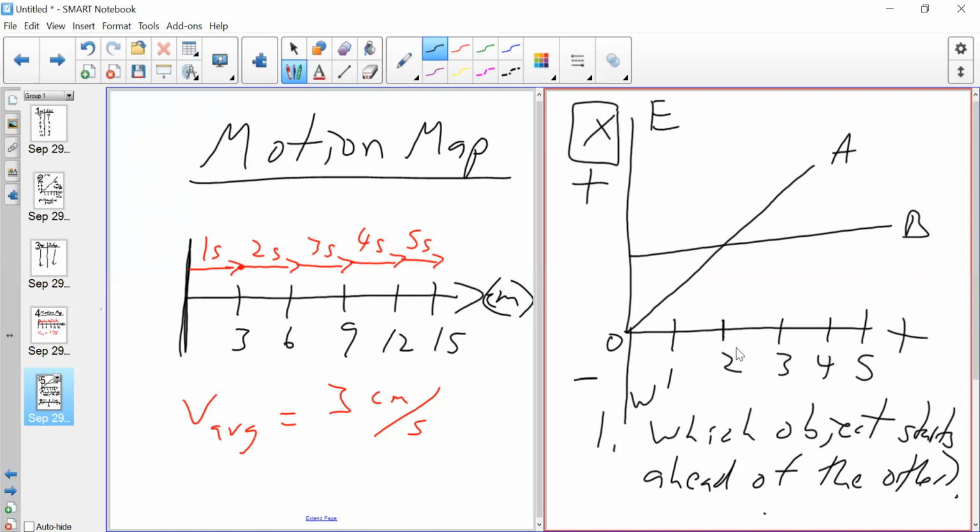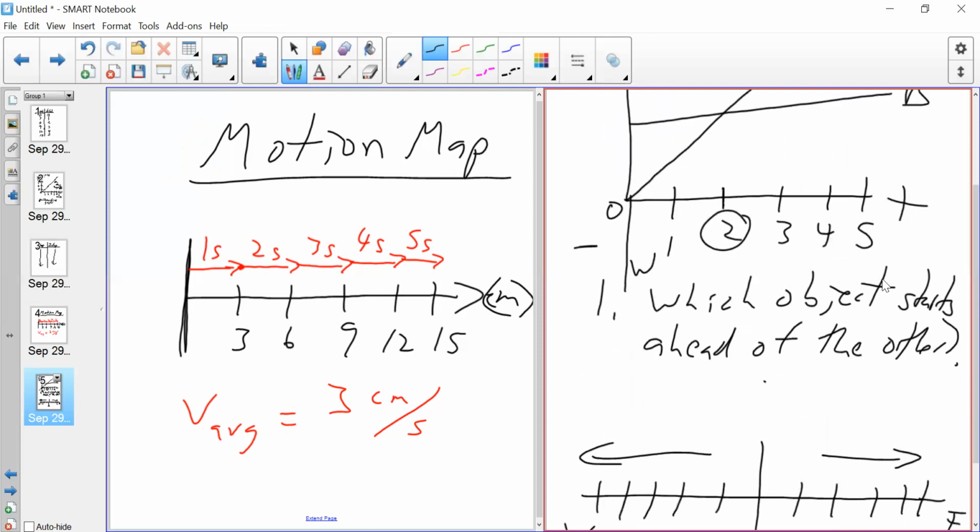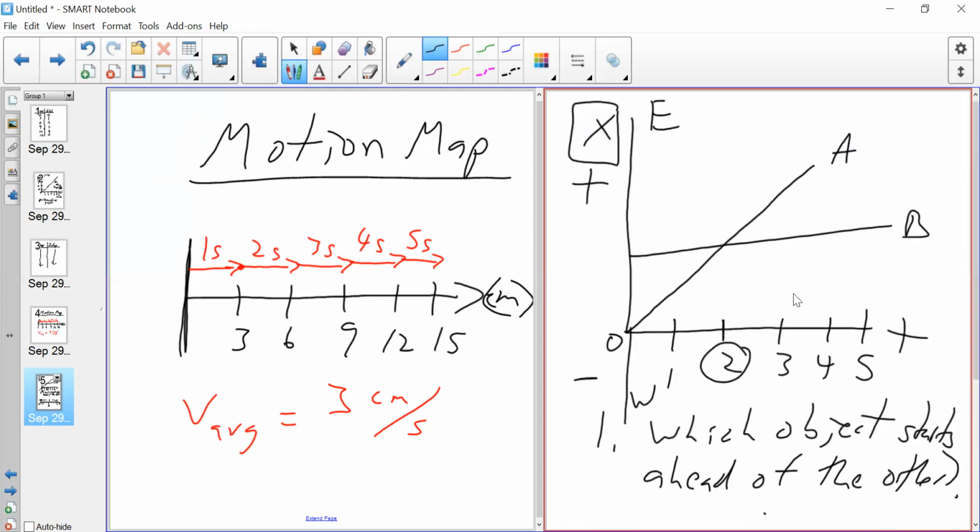They meet at 2 seconds. We can even answer questions like which object is actually moving faster than the other one. And we'll be answering that in our CVPM. So I'll tell you right now in this video that object A is actually moving faster than B.